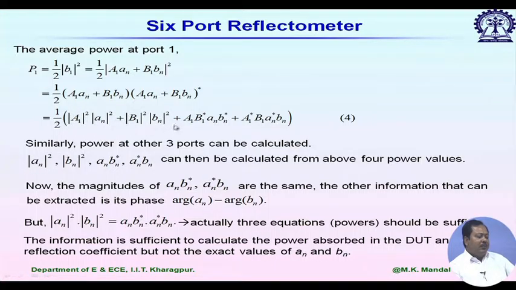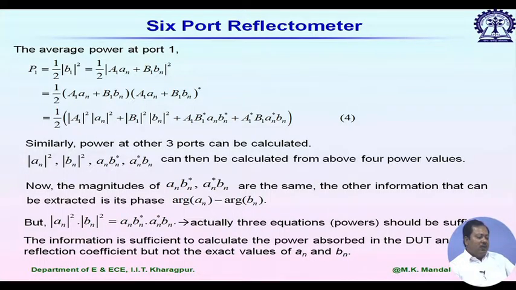The second term also is having only the magnitude part, but the third and fourth terms, for them we have both magnitude and phase. So, this is given for port P1. Similarly, we can calculate average power at ports P2, P3 and P4.